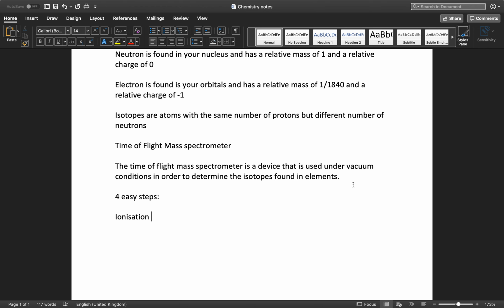Two techniques of this are electron impact and electrospray ionization.